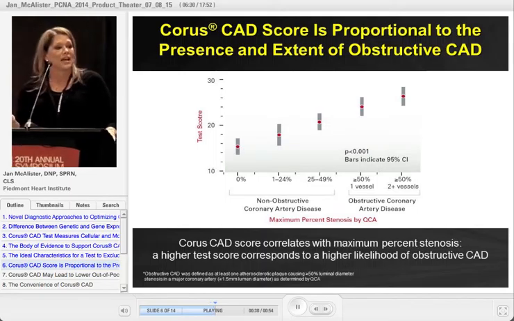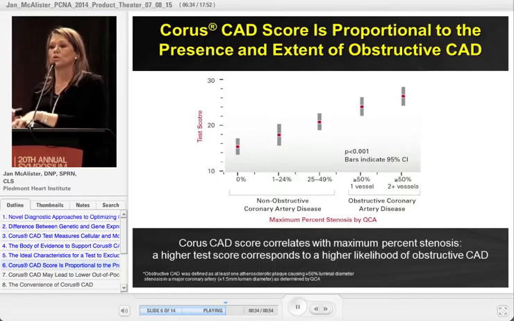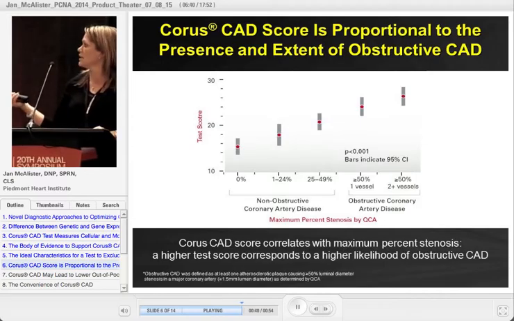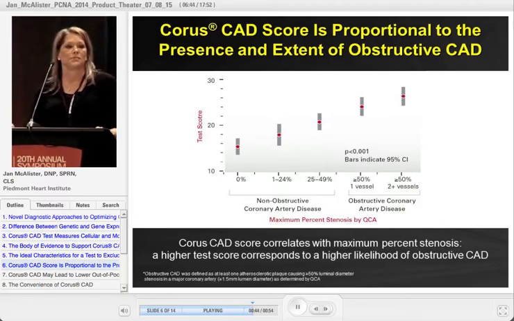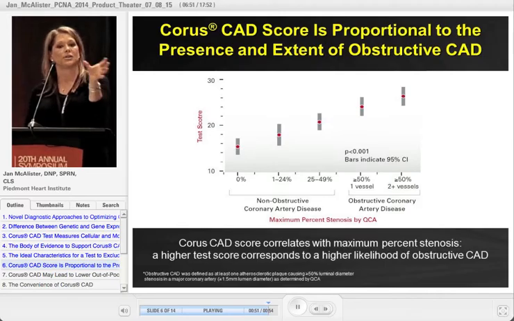And what it found was that the score you received on the Corus CAD test directly correlated with the extent of obstructive disease. So the higher the score, the higher the likelihood and the extent of the obstructive disease.